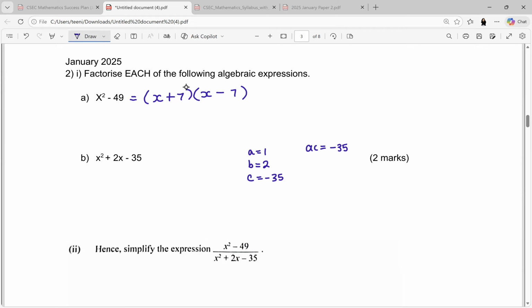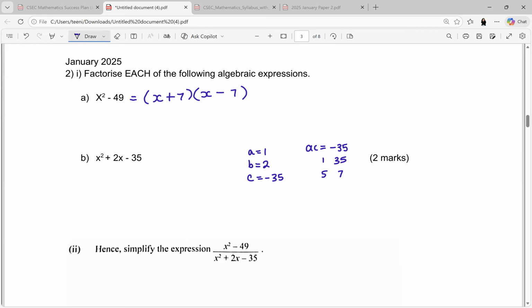The next step, list the factors of 35 in pairs so that you can look at the pairs to see which of those two factors will add or subtract to give me 2, that's B, and at the same time multiply to give me negative 35. It's simple because the factors of 35 are 1 and 35, and 5 and 7. 35 doesn't have any other factors.